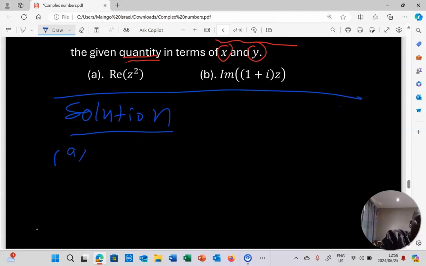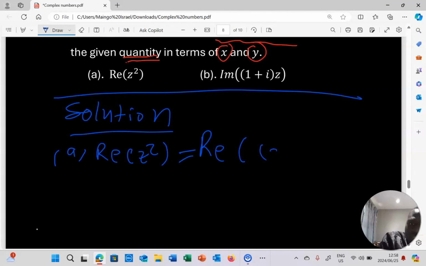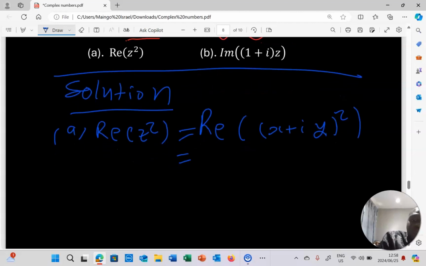So the real part of Z squared. So this is just equal to the real part of, what is Z? Z is x plus iy all squared. So this is the real part, then we have to multiply.